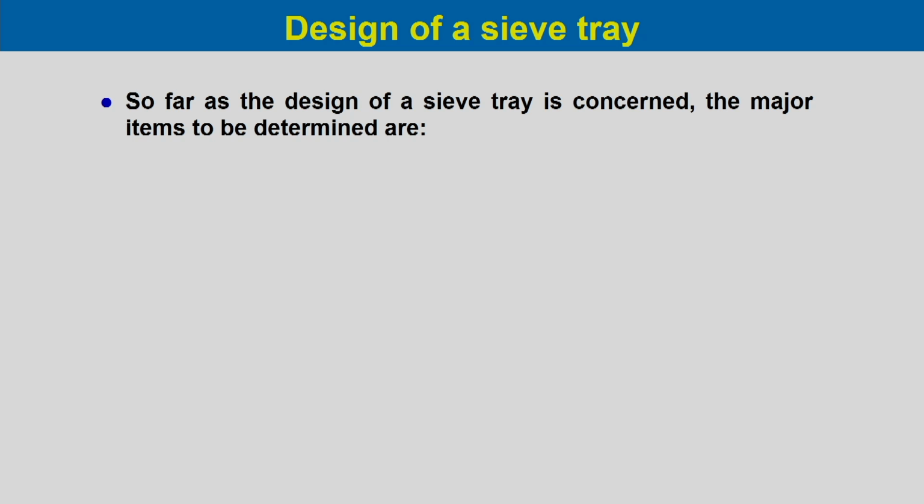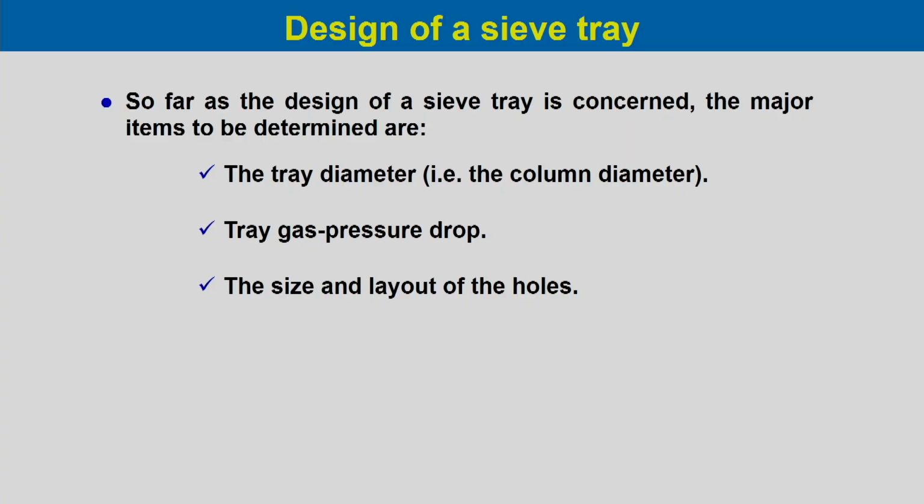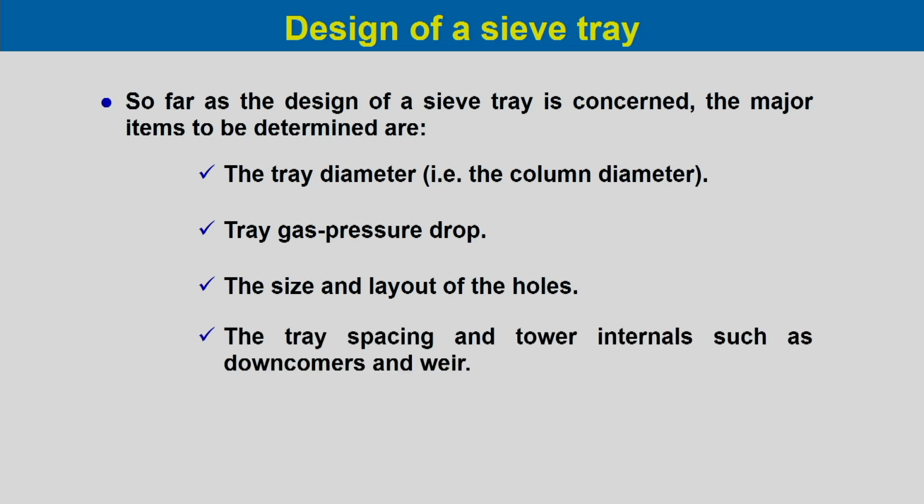So, as far as the design of the sieve tray is concerned, the major items to be determined are the tray diameter. So, we need to know what would be the tray diameter, or that is the column diameter, the column internal diameter. So, that has to be determined. The tray gas pressure drop: how much pressure drop there is because of the flow of the gas from one tray to the other through the liquid. The size and layout of the holes, hole layout and size.